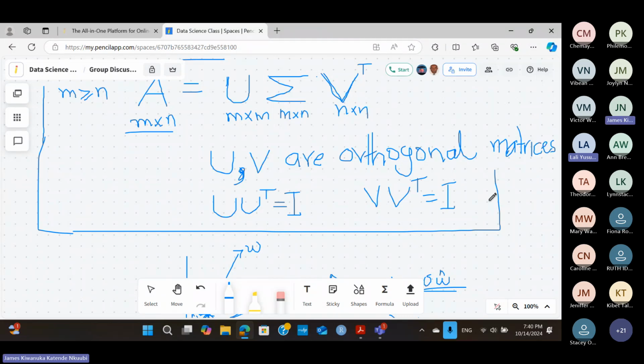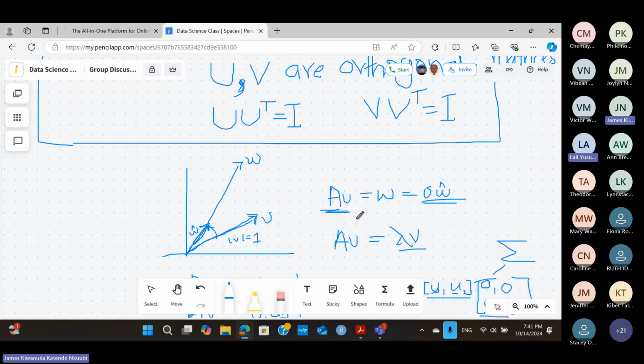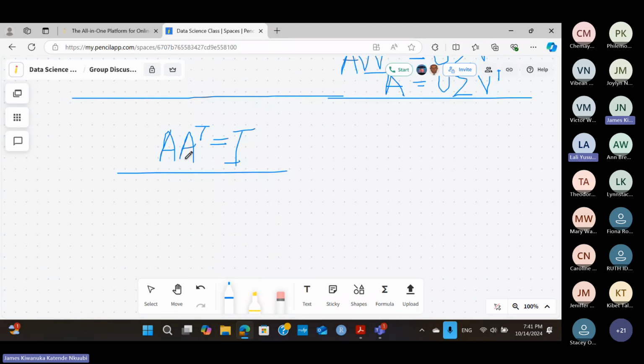No, they are not orthogonal to their transpose. They are orthogonal matrices. An orthogonal matrix is defined as a matrix whose inverse is the transpose.